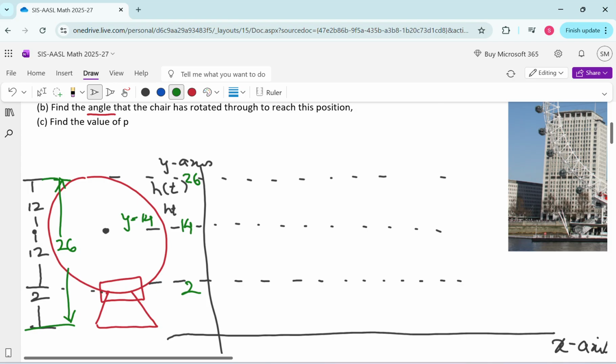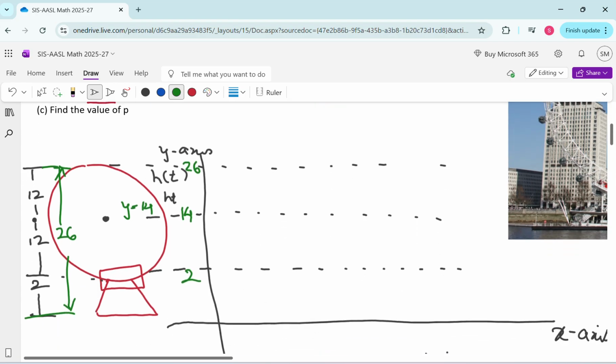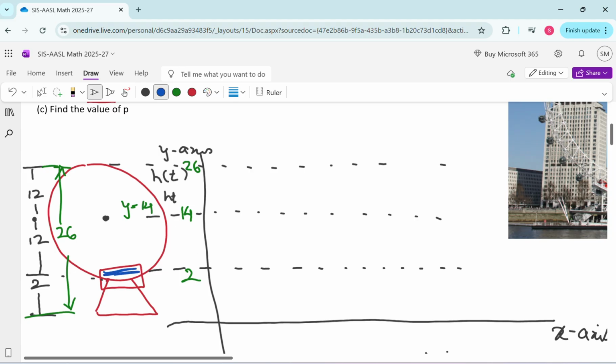All right. Now let's model this function on the basis of how the Ferris wheel is rotating. I'm going to use a blue color for this. So a person sits on this chair, which is at 2 meters height above the ground. So that means the starting point will be this. After that, it is going around and reaches the mid value. So next point, the mid value, going like this and reaches the top or the maximum point.